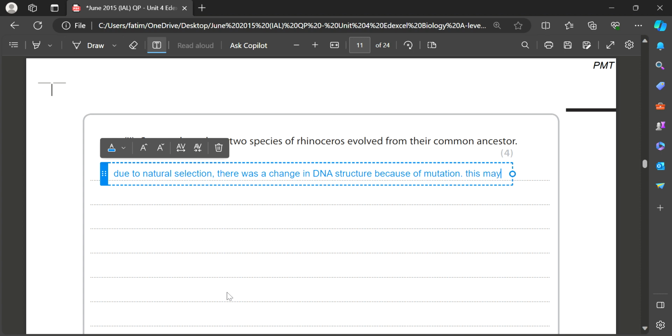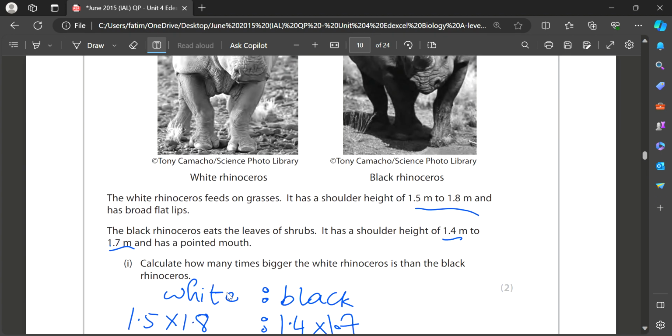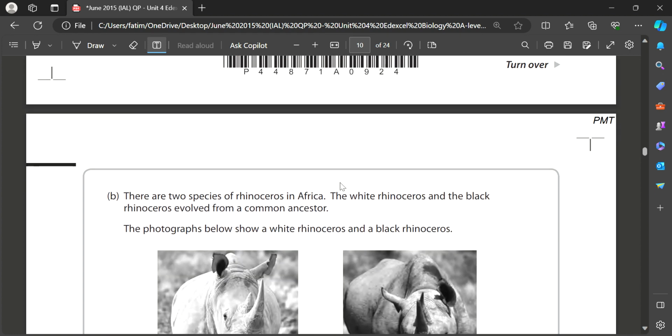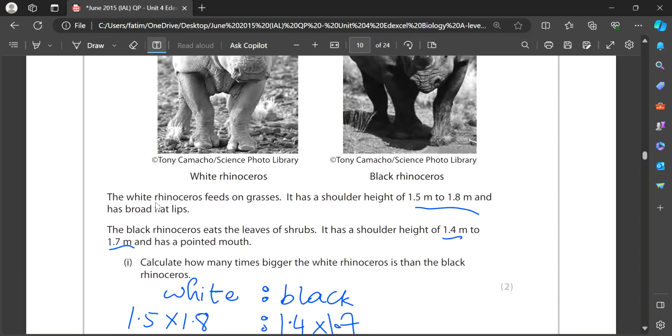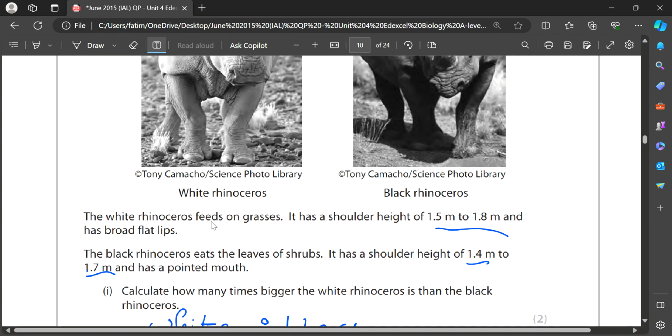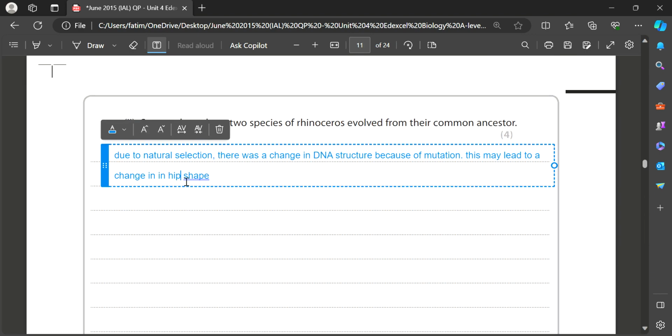This may lead to a change in lip shape. I read somewhere that it has broad flat lips and a pointed mouth, and they evolved from... lip, not hip, sorry, change in lip shape.